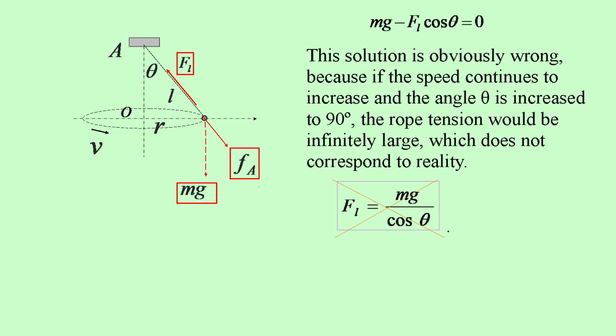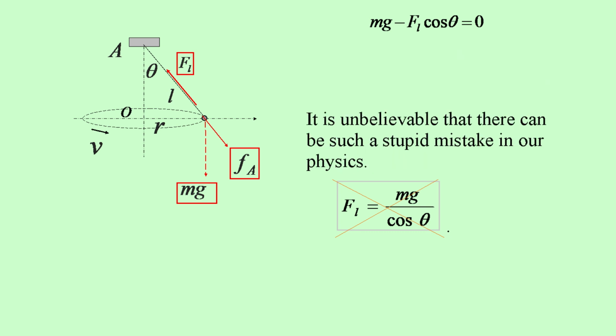This solution is obviously wrong, because if the speed continues to increase and the angle theta is increased to 90 degrees, the rope tension would be infinitely large, which does not correspond to reality. It is unbelievable that there can be such a stupid mistake in our physics.